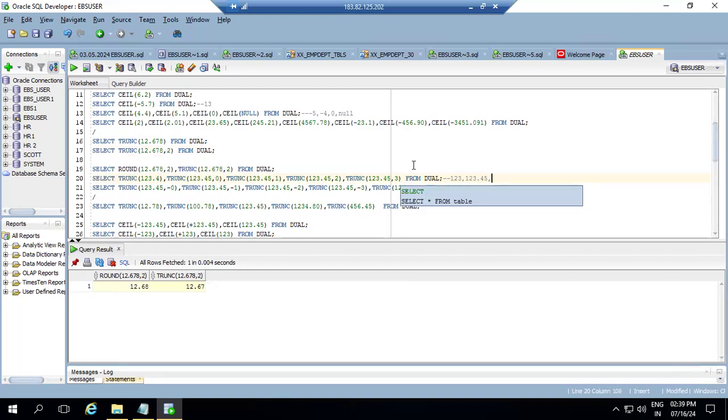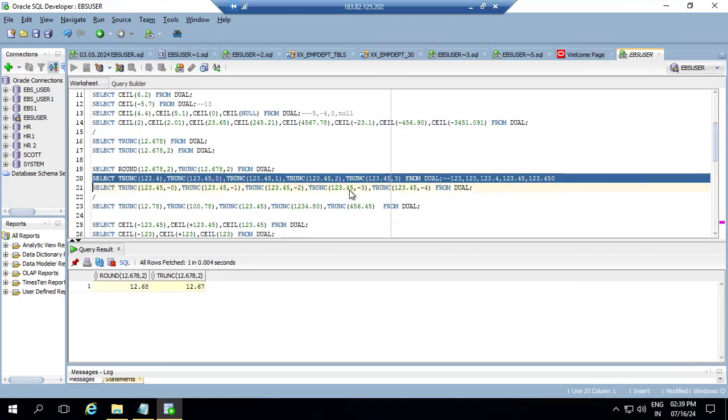Third one, 123.4? 123.45? For the second one only it is 123. 123 itself, only 123, the 0 is there. Yeah, for 123.45, 0, it is 123.